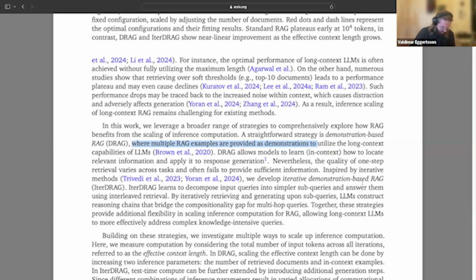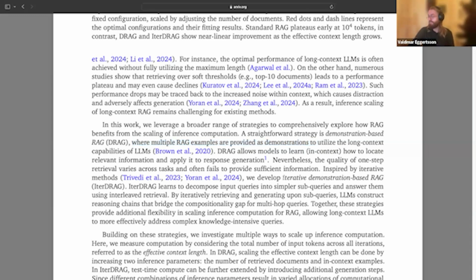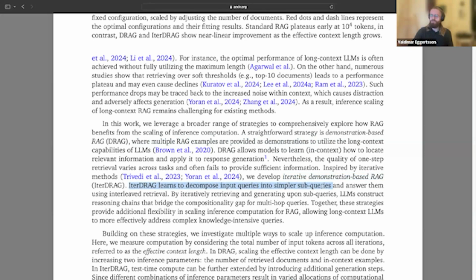Then they have iterative demonstration-based RAG, which is the same concept, but done iteratively with query decomposition. So instead of just making one query, IterDRAG learns to decompose input queries into simpler subqueries. This is nothing new per se, but combining the two and using it to inspect how it scales, that's their novelty in this paper.